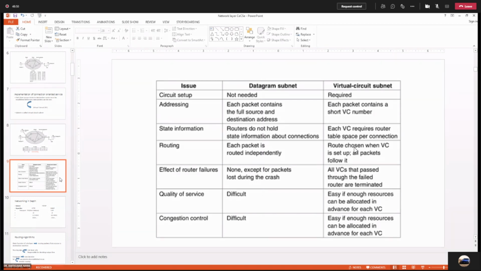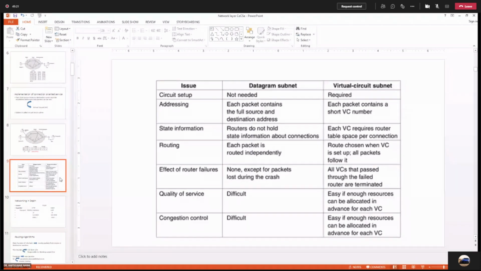Datagram subnet means the network which is following the connection less approach, and virtual circuit subnet means the network which is following the connection oriented approach. So can you please explain any two points with the help of which we can differentiate datagram subnet from virtual circuit subnet?